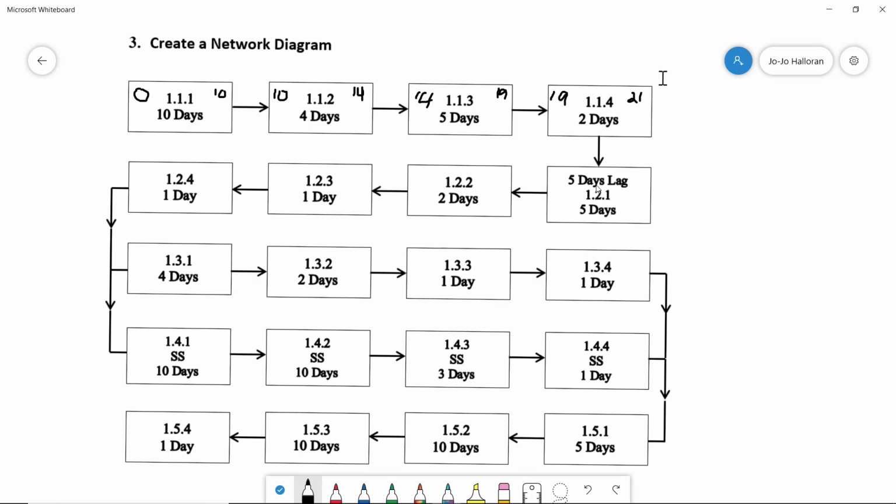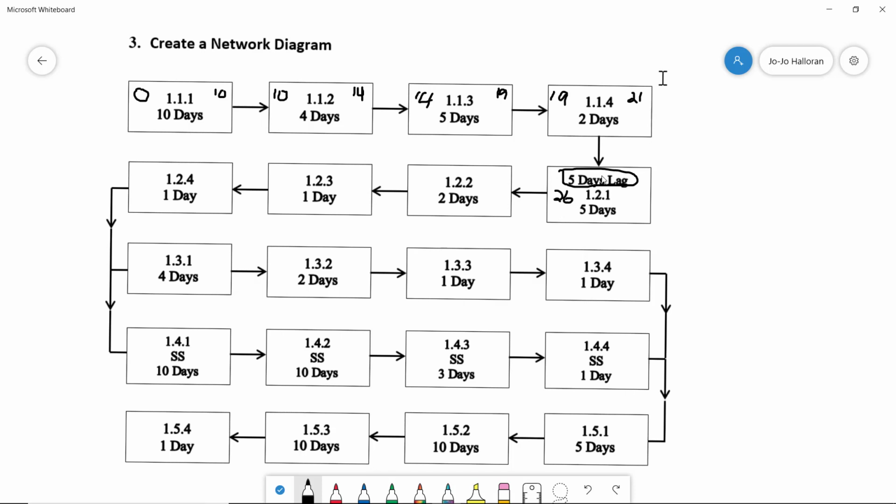Now for this one, we come down and we have a five-day lag. You have to really be careful and pay attention to this 5-day lag. Since we have to wait 5 days, we're not going to bring down the 21. We add that 5-day lag, so the earliest this task can start is day 26.